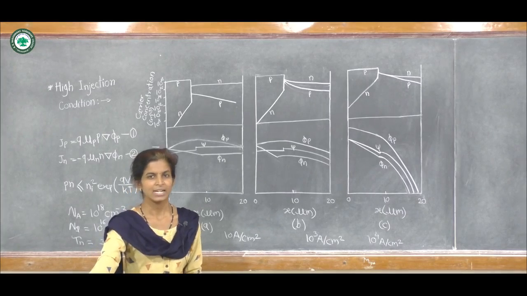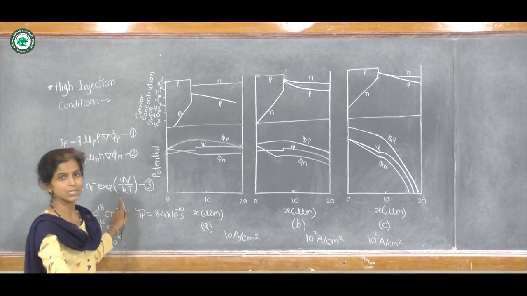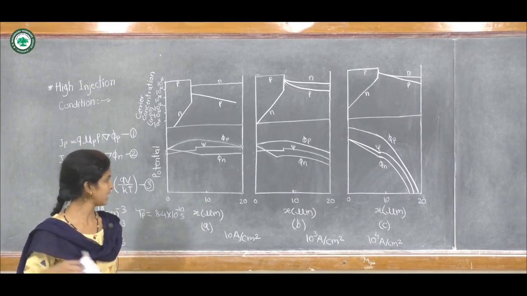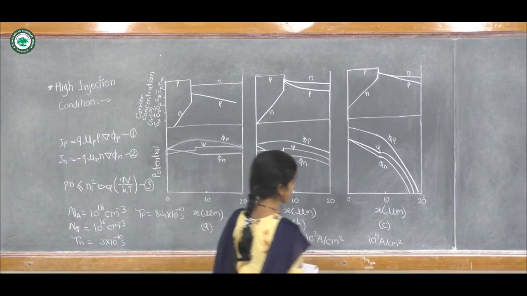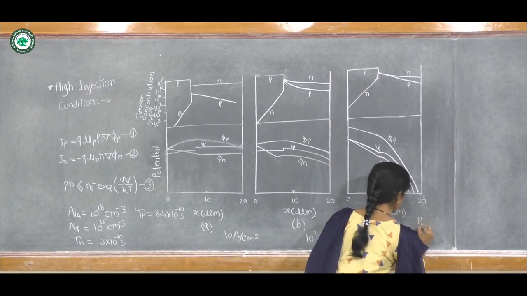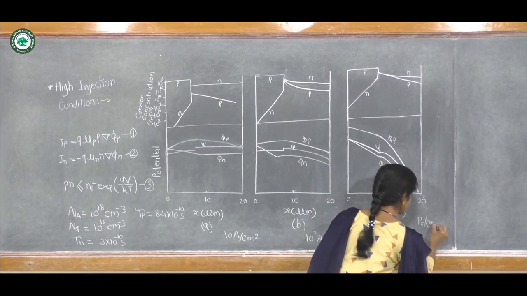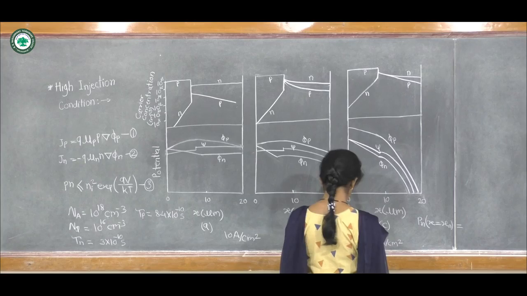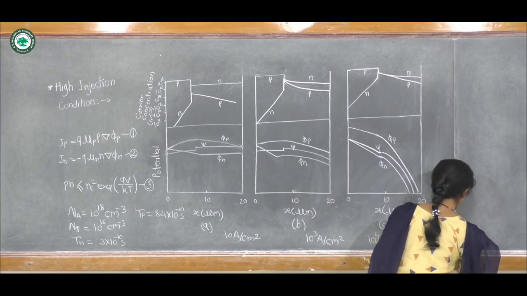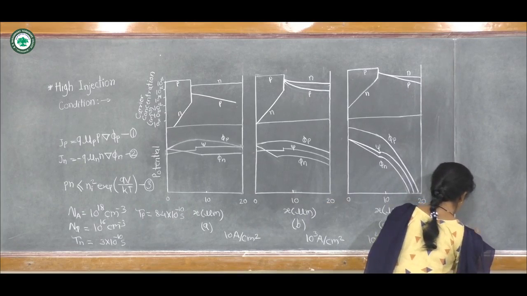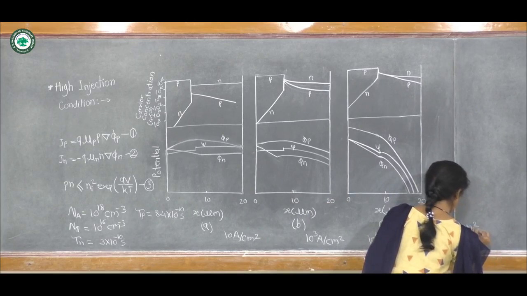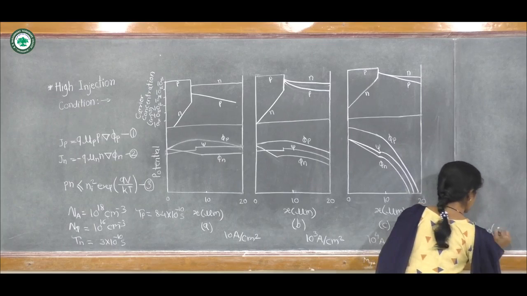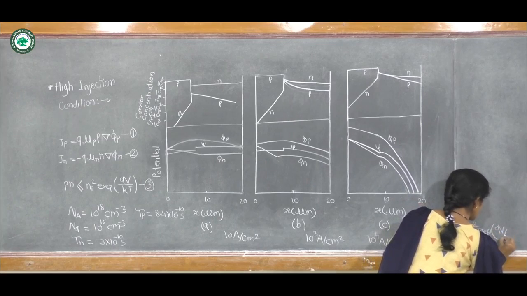Substituting the condition from equation number 3, we obtain pn at x equal to xn is nearly equal to ni square exponential of qV by twice kT.